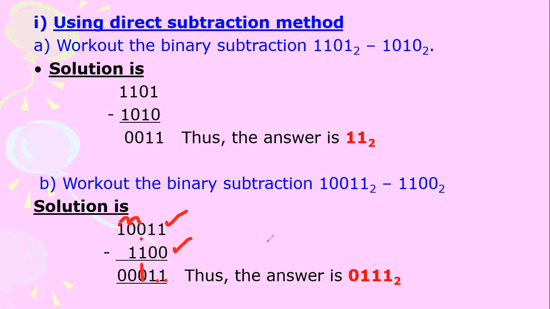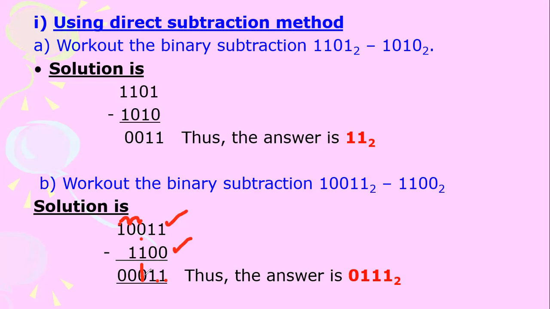Did you notice this, my dear students and the rest of the learners? I repeat, when you borrow 1 and then you bring it to this level here, it becomes 0 carry 1. So 0 carry 1 minus 1 gives us 1.